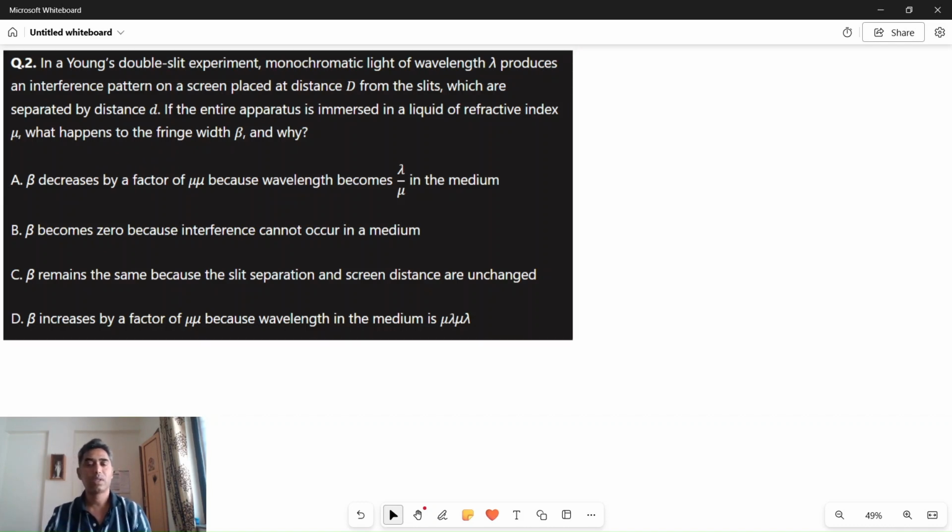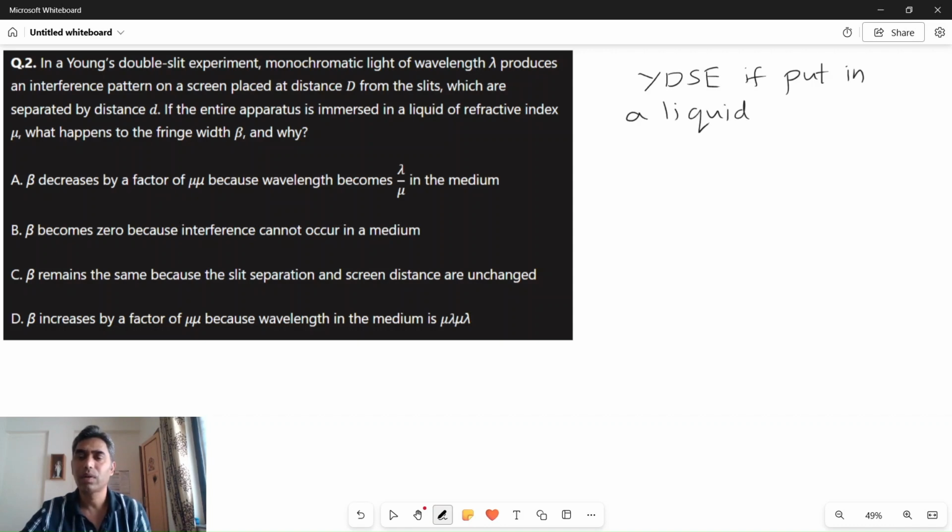Okay. See, the YDSE setup, the whole YDSE setup, if we put it in water, or if you put it in a liquid of refractive index mu, the entire setup inside the liquid, what happens?